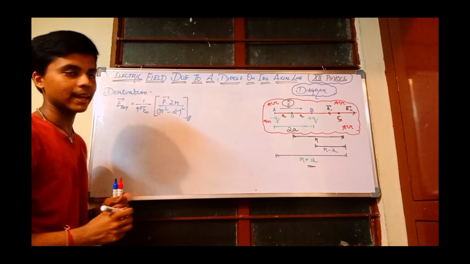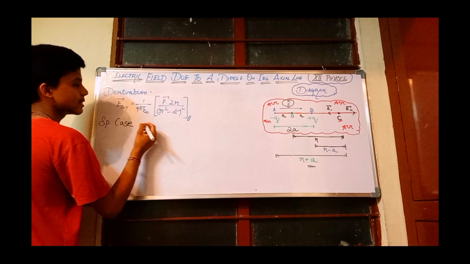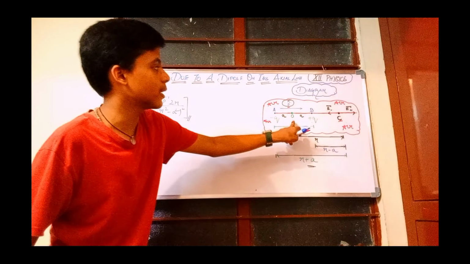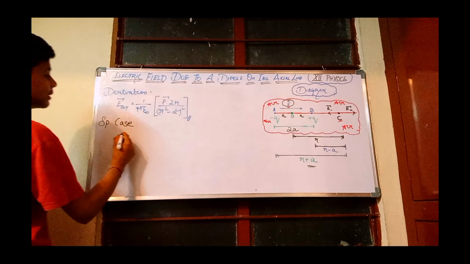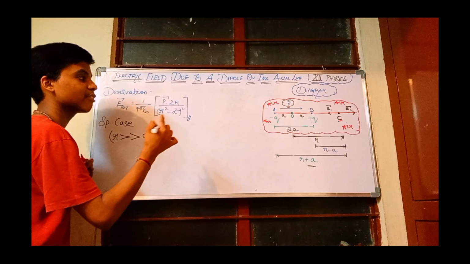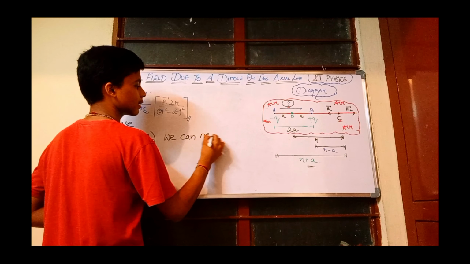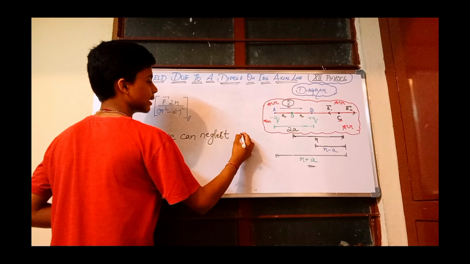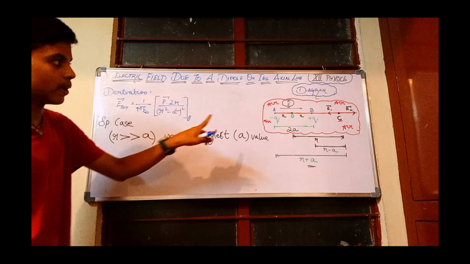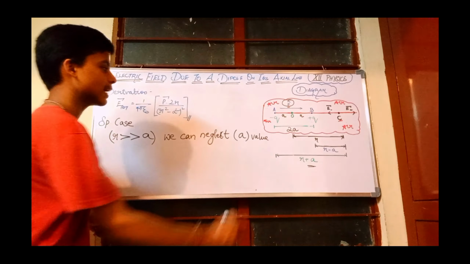From this equation, we can infer that we have a special case, which is when the distance between the midpoint of the dipole and the point C is greater than the value of a, when r is far greater than a. Then we can neglect the a value.